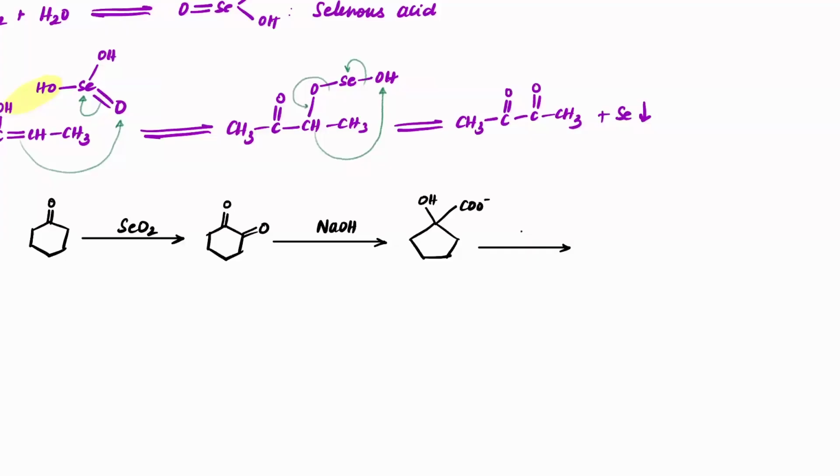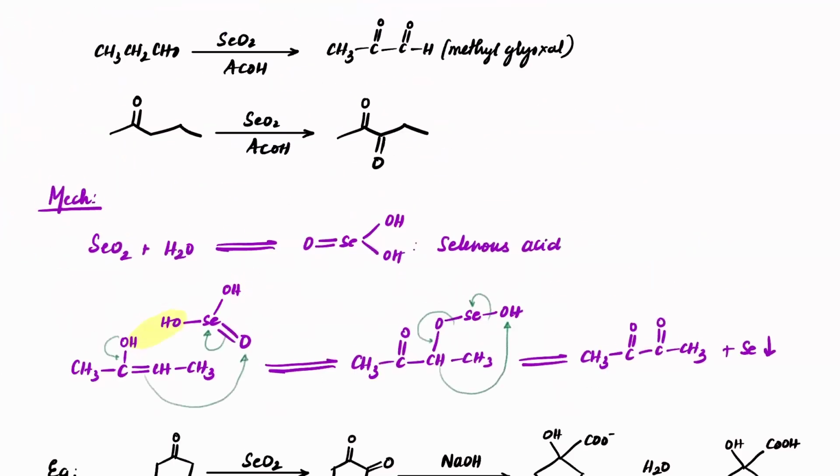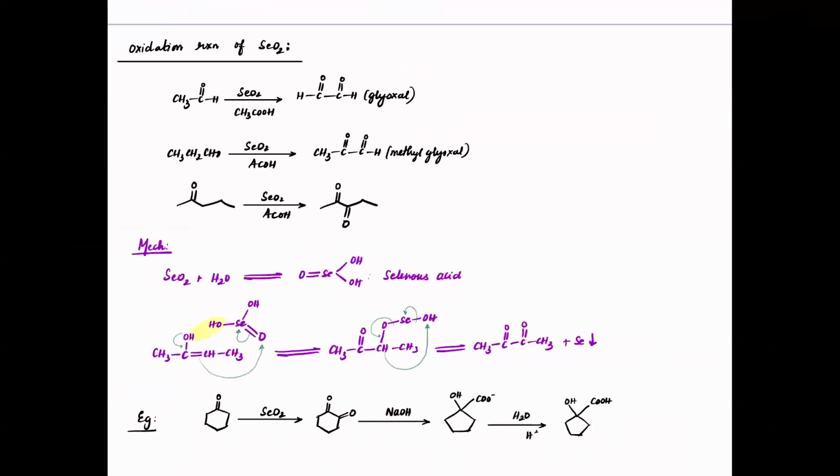And when you hydrolyze it with acidic hydrolysis, you will get this as OH and COOH. This is a very standard question. Right, guys, I hope you understood all the reactions using selenium dioxide. This is all you need to know from this particular topic. I think we are done with a fair enough number of questions and mechanisms in this.